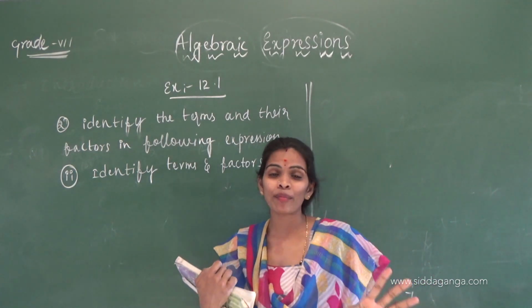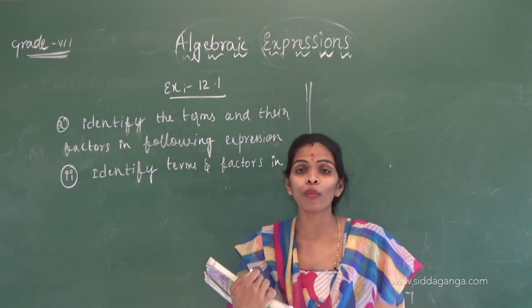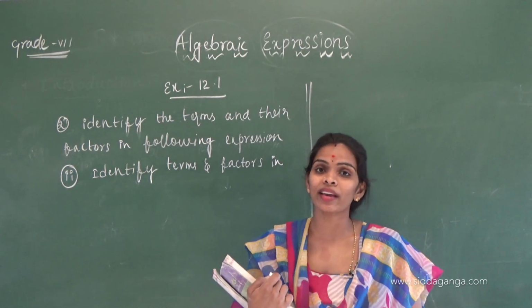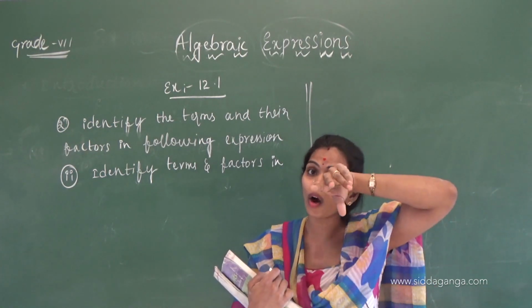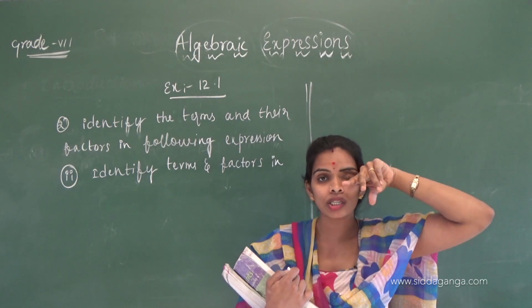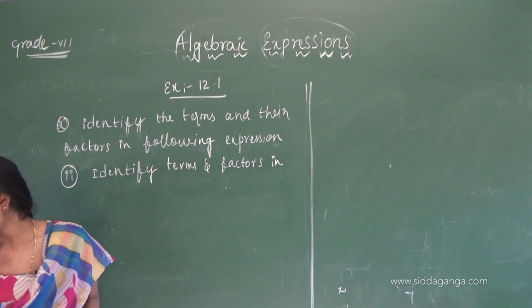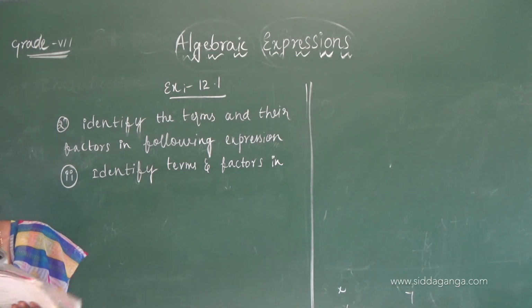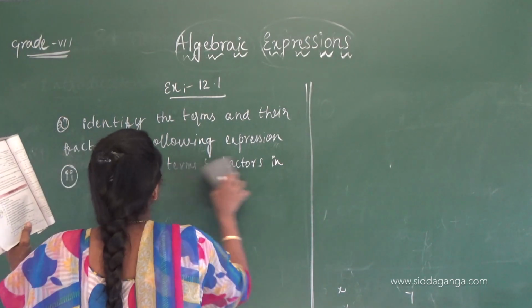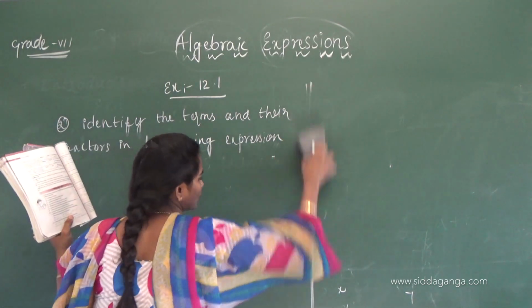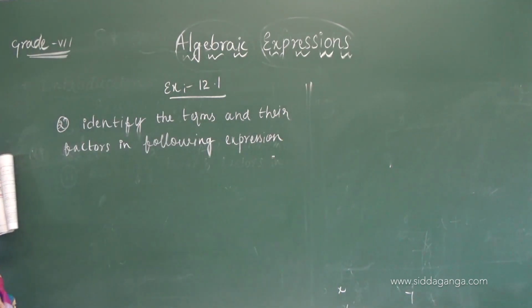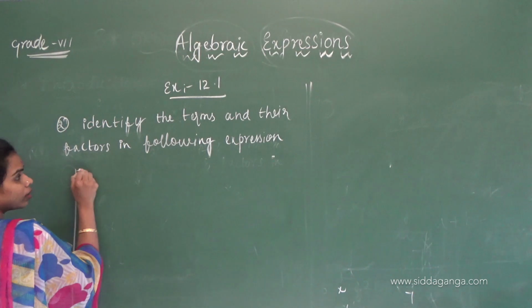We can draw one tabular column and then write how many terms there are and how many factors there are for each term. Here I am dividing it into 3 columns.